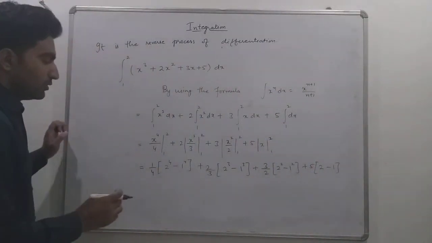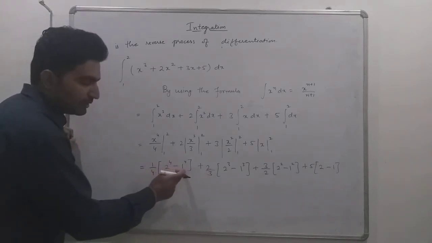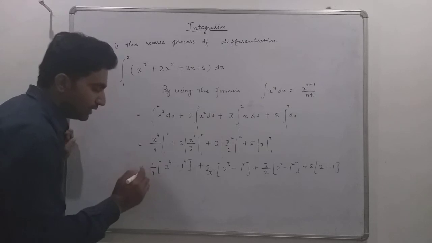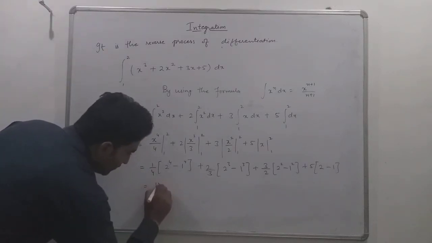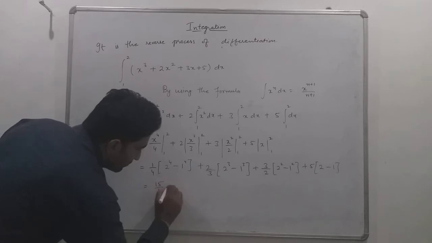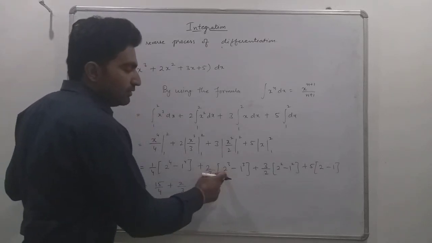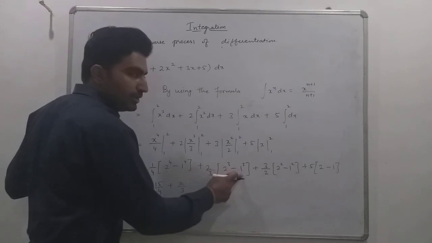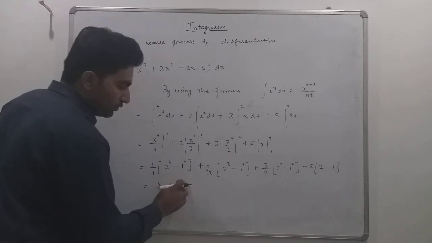So 2 raised to power 4 will be equal to 16, and 16 minus 1 raised to power 1 is 1. 16 minus 1 will be equal to 15, so it will be 15 by 4, plus 2 by 3 into 2 raised to power 3, which is 8. 8 minus 1 is 7, and 7 multiplied by 2 is 14.